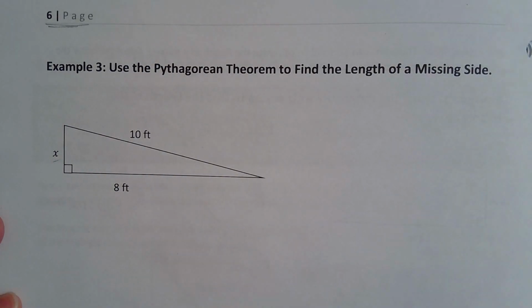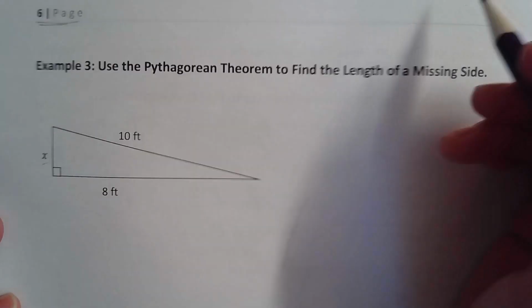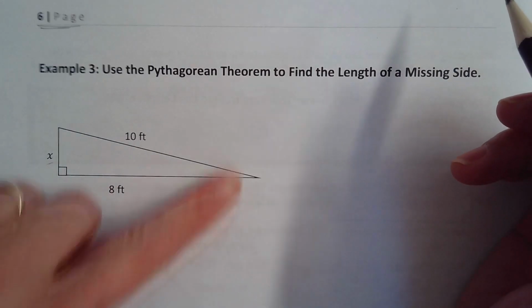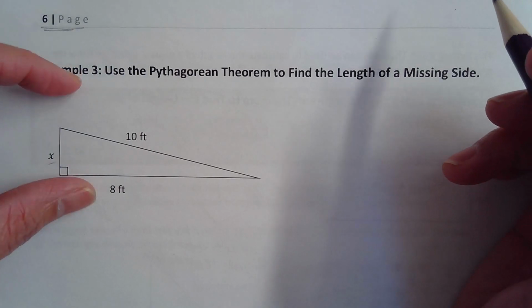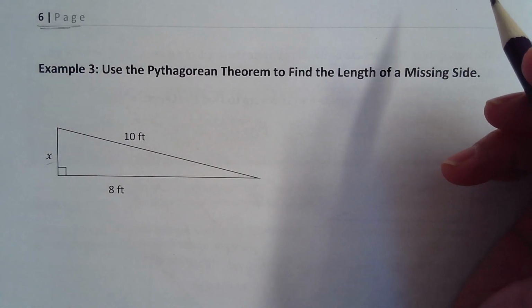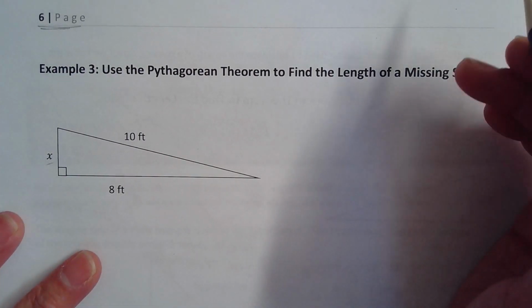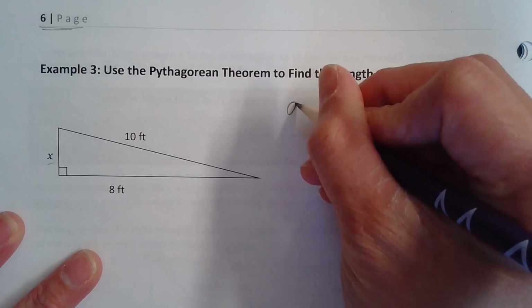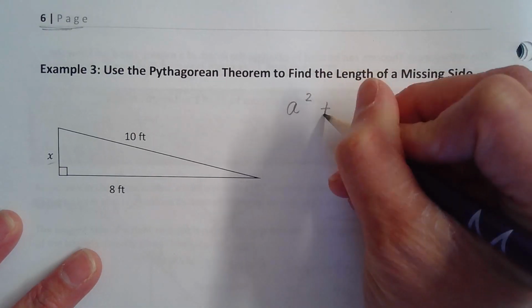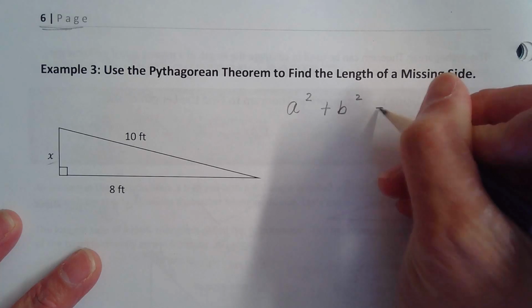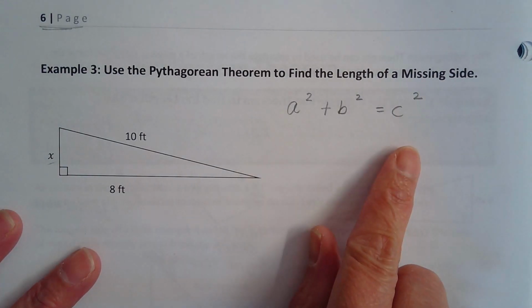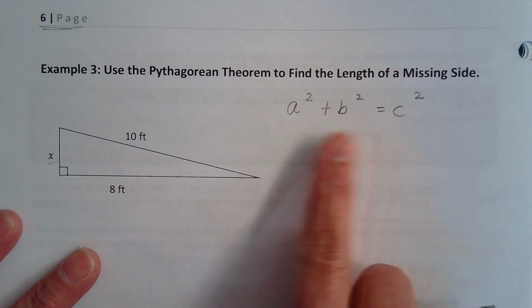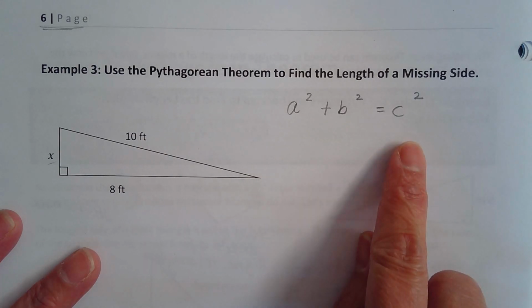Just to recap what we said yesterday, we could determine the unknown length of the triangle using the Pythagorean theorem. And we wrote down the formula, a squared plus b squared equals c squared. Some of you yesterday said you've seen that formula before. That's the Pythagorean theorem formula.